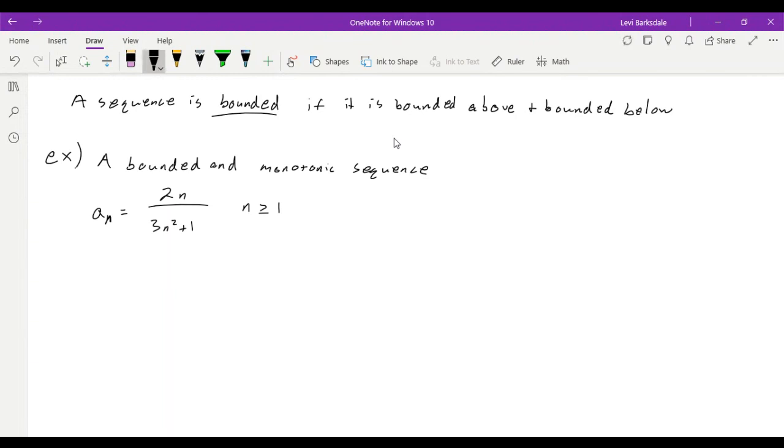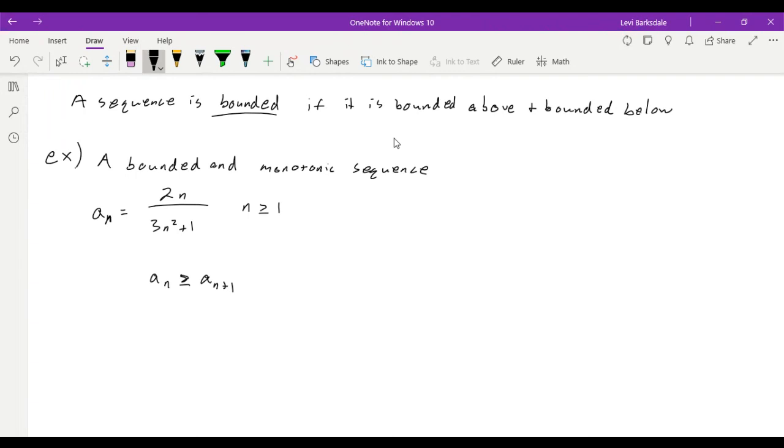Well, in order to show that it's monotonic, first off, I'm going to make a guess as to whether this is increasing or decreasing. Because my denominator is a higher order, it has an n squared term versus just an n term, I'm going to guess that it's decreasing because bottom-heavy functions tend to decrease. So I'm going to guess that this is monotonic decreasing.